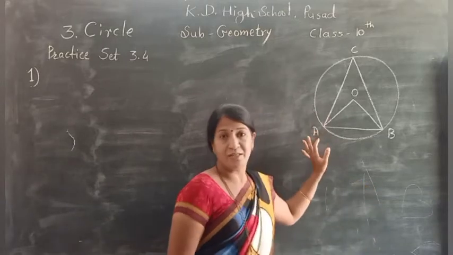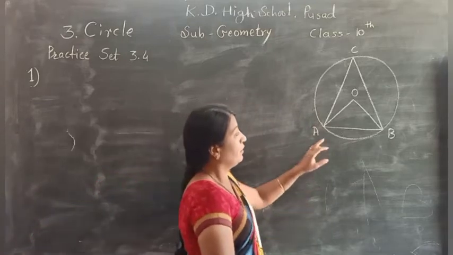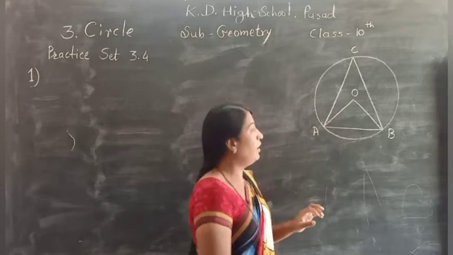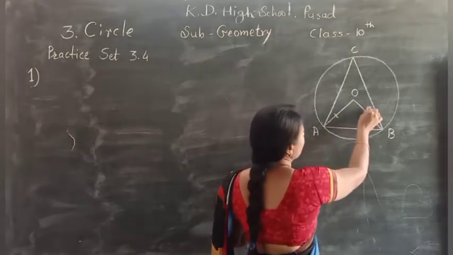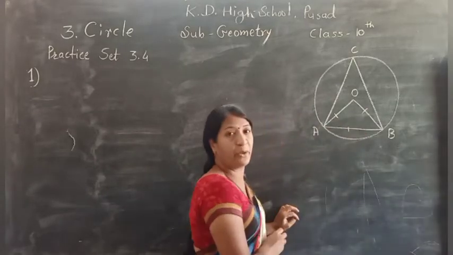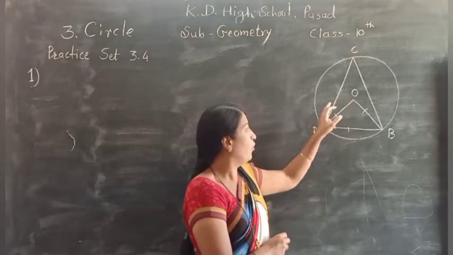Here there is a figure drawn on the board. Now what is given? The length of the chord is equal to the radius of the circle. It means these two sides are the radius of the circle and AB is also equal. It means it is an equilateral triangle.